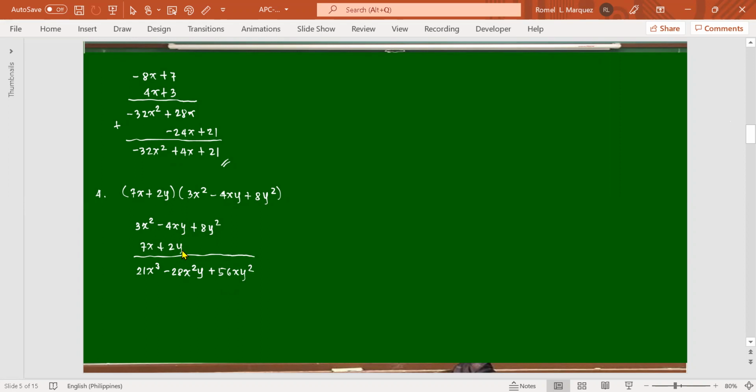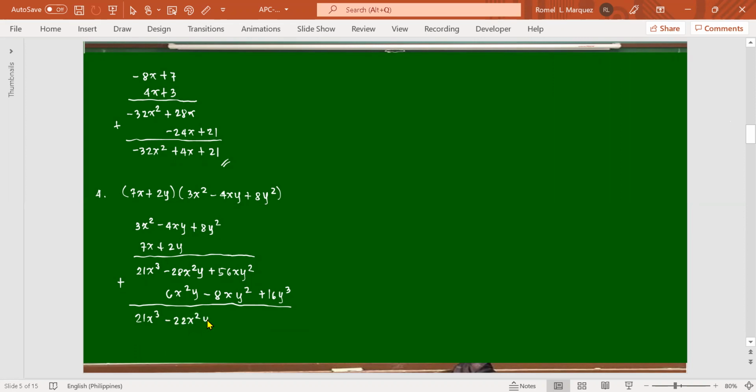Next one. 2y times 3x squared, that is 6x squared y. 2y times negative 4xy, negative 8xy squared. And then last one, 16y cubed. Okay, guys, 2y times 8y squared. Then we're going to add, okay? 21x cubed minus 22.